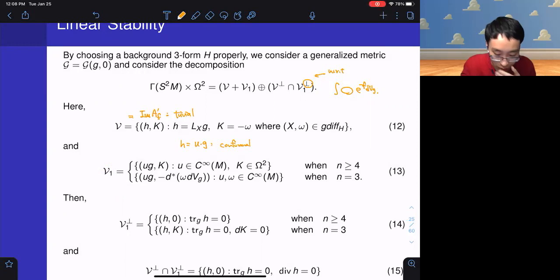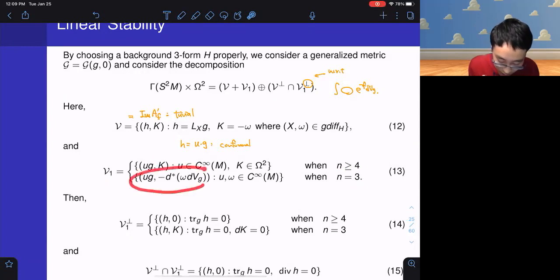So this is the motivation for how I define V1. I define V1 to be the conformal part UG and K when n is greater than 4. But in the three-dimensional case, we will define this K more carefully to be minus d star omega dVG, where omega is some function. We will explain later why I define it like this.